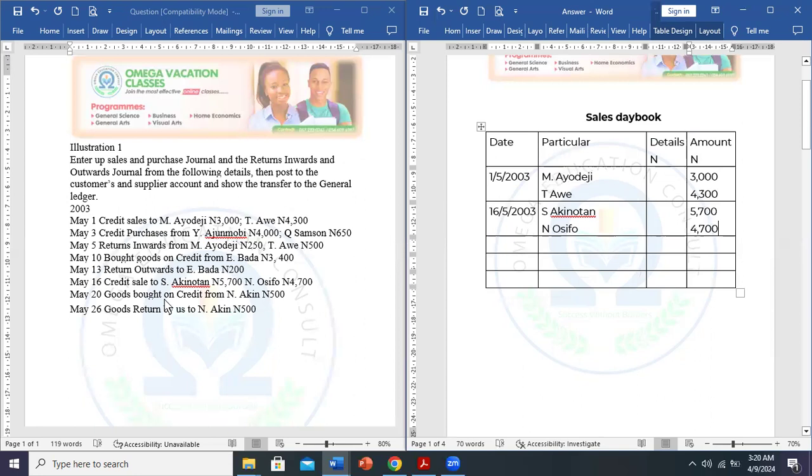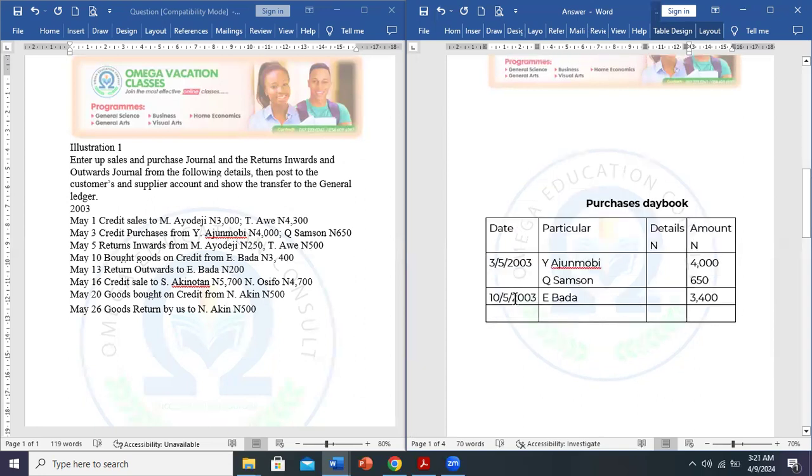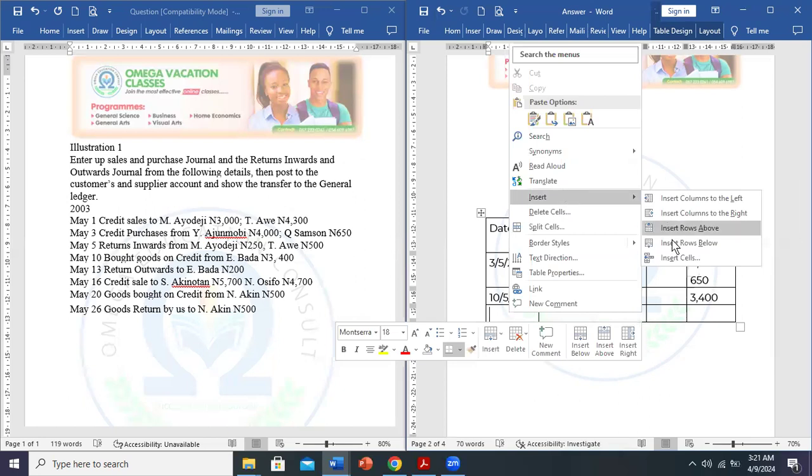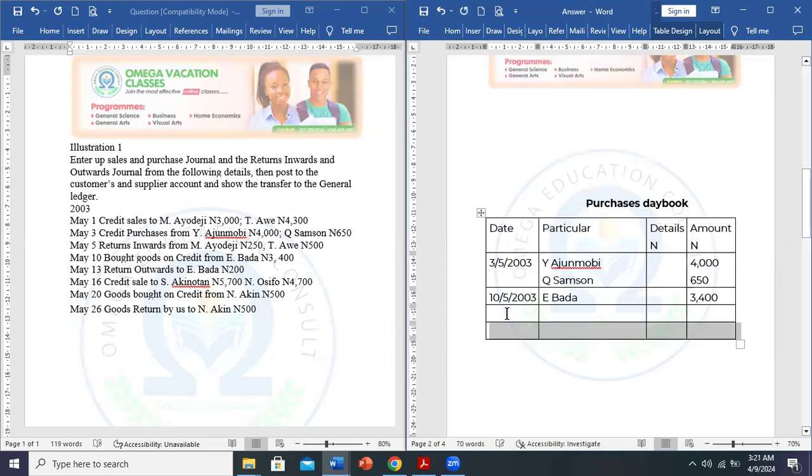20th, bought goods on credit. So goods bought, that's purchases, right? So we go to our purchases day book. Also record that one there. So that's 20th May 2003. And Akin, 500.